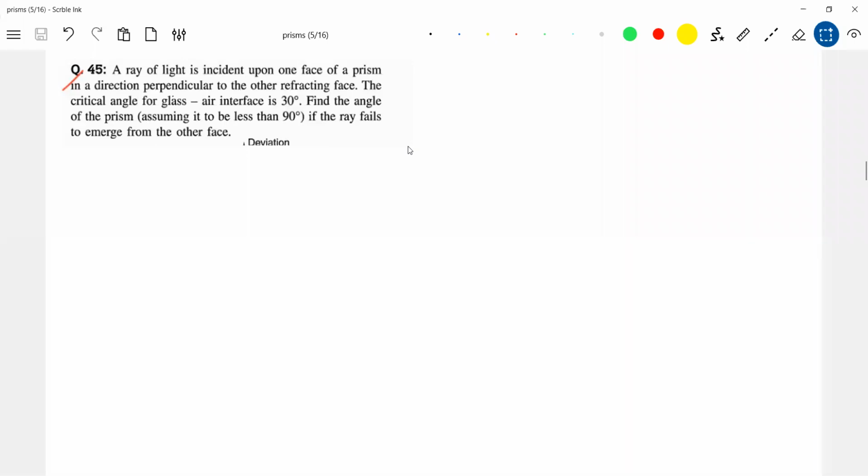In a direction perpendicular to the other refracting face. I think when I'm drawing the ray diagram, this is what I should take care of. I think there's a key point.